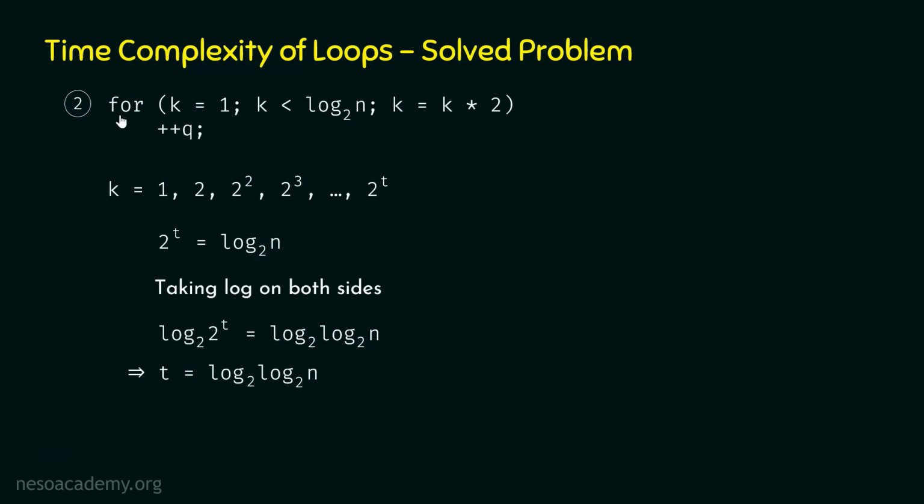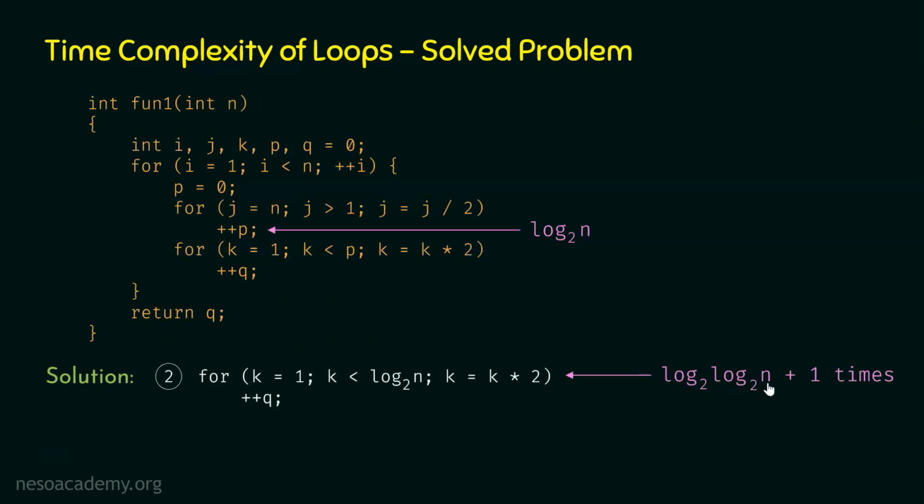We know the number of iterations of this for loop is t plus 1. If we replace t by log n base 2, we will get log n base 2 plus 1 as the number of iterations of this for loop. And as we know the value of q is the same as the number of iterations of this for loop, the value of q is log n base 2 plus 1.